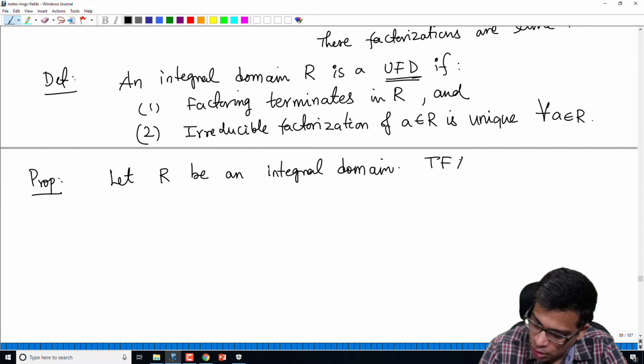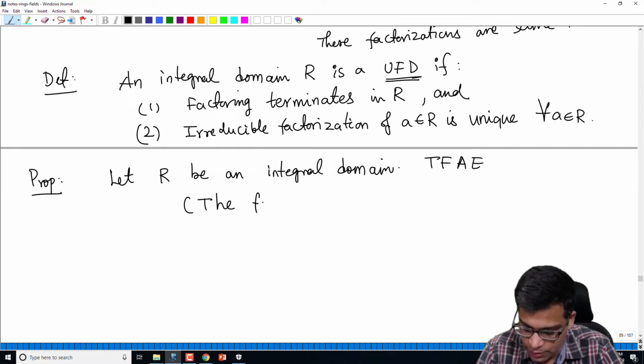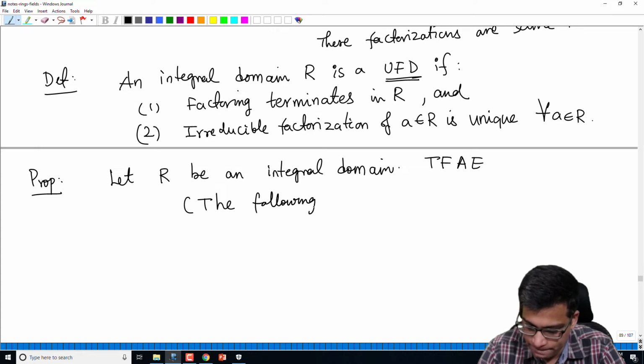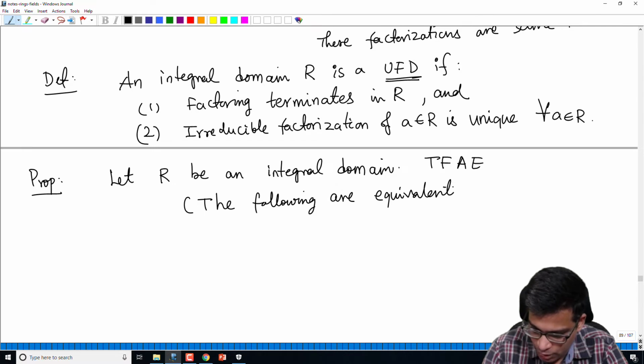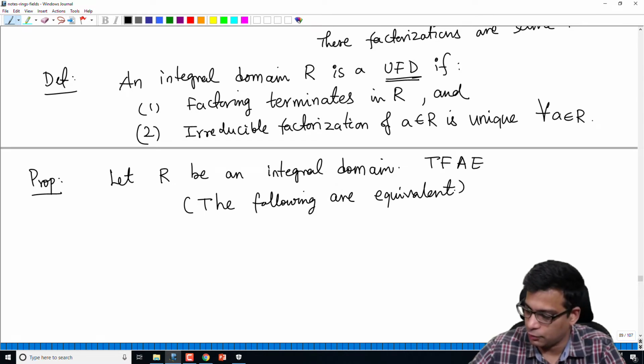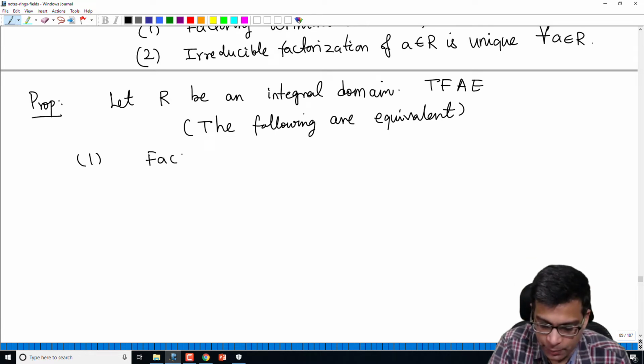Then the following are equivalent. This is standard notation for TFAE: the following are equivalent. So what are the two statements that I want to make here? Factoring terminates in R.